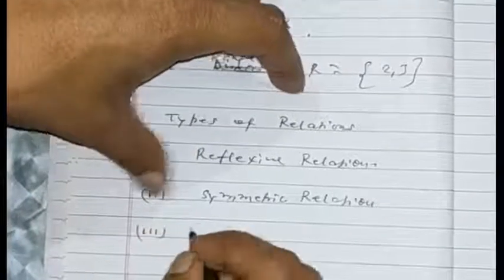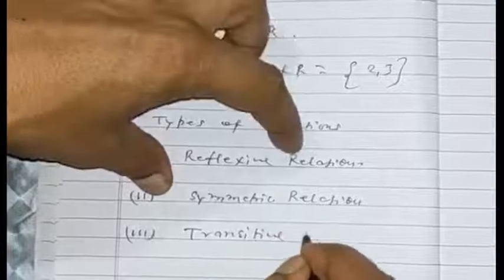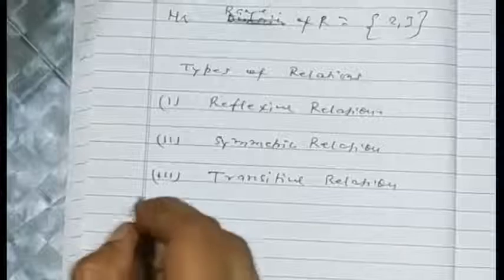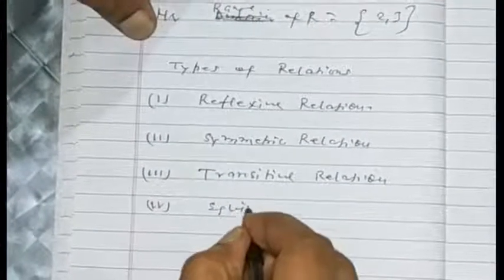Third, transitive relation. Fourth, equivalence relation.